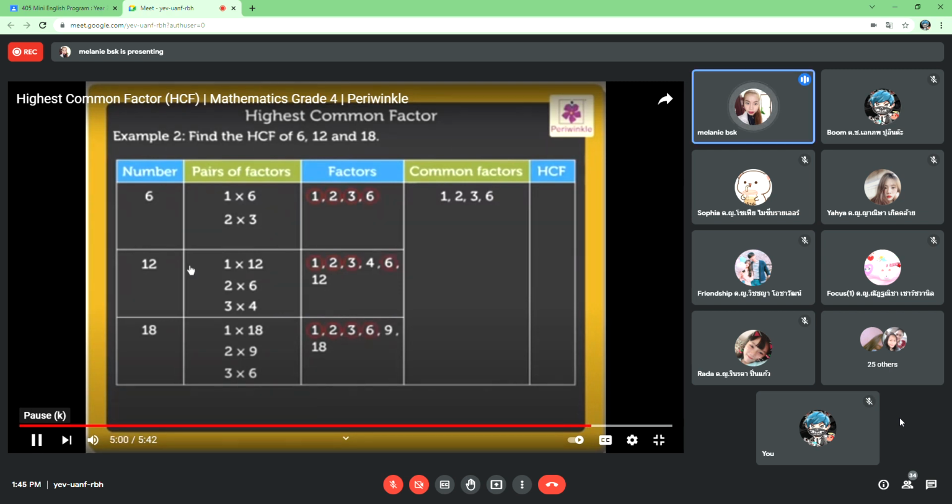Where did we get 1? We got it here: 1, 1, 1. You see? 2, 2, 2. That's why they are common. They have all the three numbers. We have 3, 3, 3, and 6, 6, 6. Okay, so that is where we get 1, 2, 3, and 6, children. Those are the common factors.